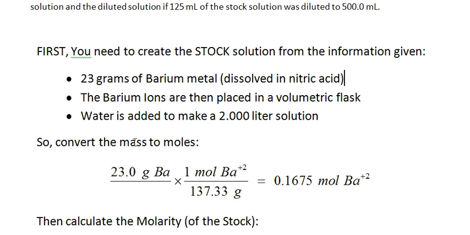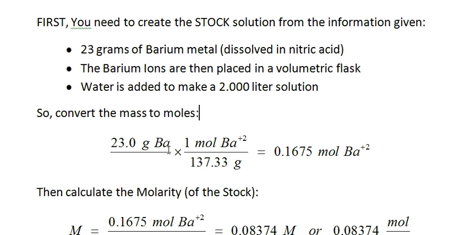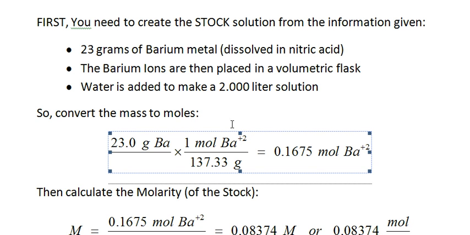So knowing all this information, the first thing that we need to do with the grams of barium is convert to moles. We have to find out what the concentration is, and concentration is moles per liter or molarity. So we'll go ahead and calculate the 23 grams of barium, convert that into moles. Now one thing that you'll notice is I have 23 grams of barium all by itself here because that's a metal before it's actually dissolved in the nitric acid, and then when we finish we've got our barium plus 2.